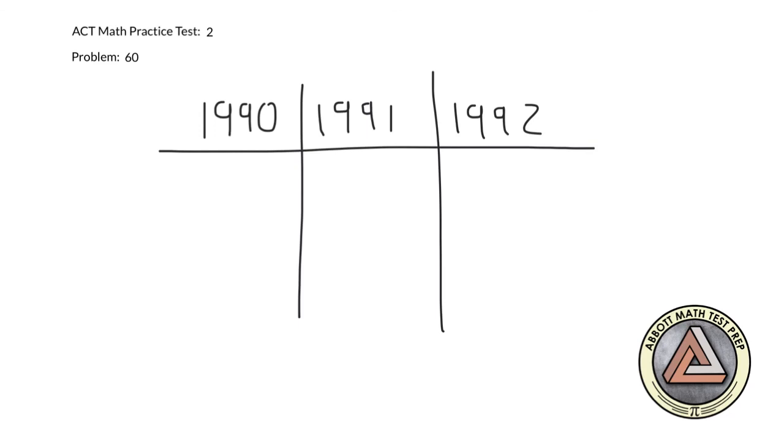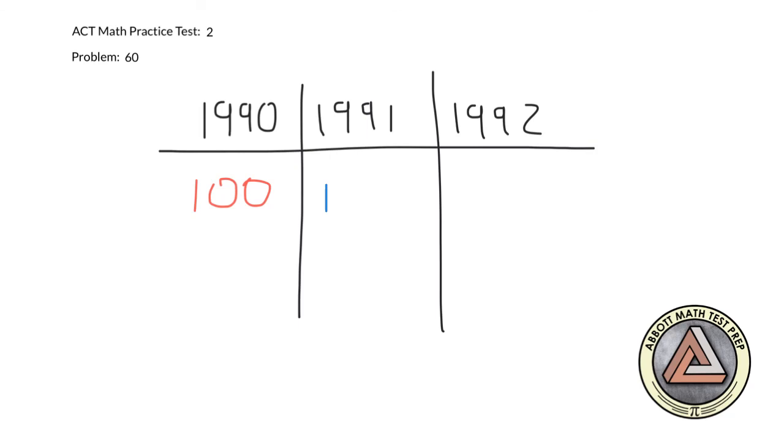Now, this is a good example of a problem where you might want to bring it down to earth, and if it's a percentage problem, you might want to make your base amount 100, okay? You're allowed to do that as long as they don't actually specify the best long jump distance. So let's say that in 1990 it was 100, and that increased by 10%.